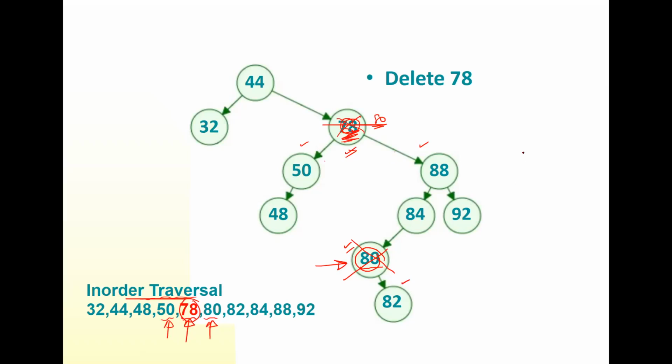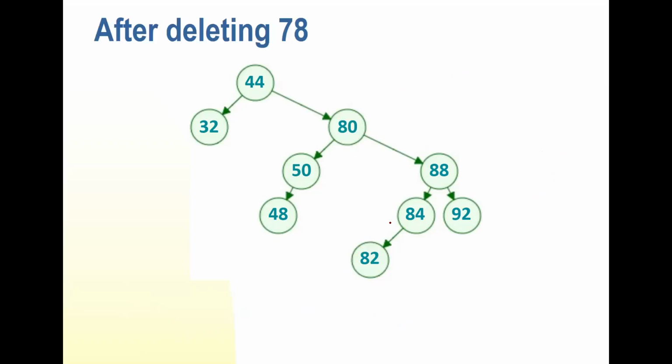So in a nutshell, BST deletion internally has basically two cases, one child and no child. Even the two children case is reflected as one or zero child node. Now in this case, 84 left will become equal to 82. This is the output after deletion of the node 78.